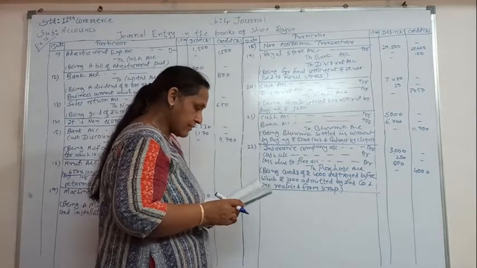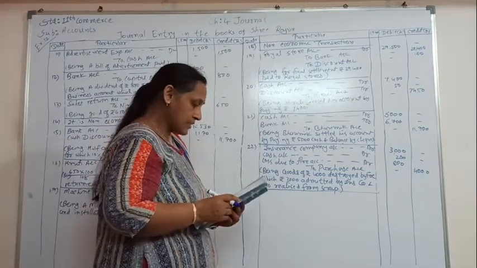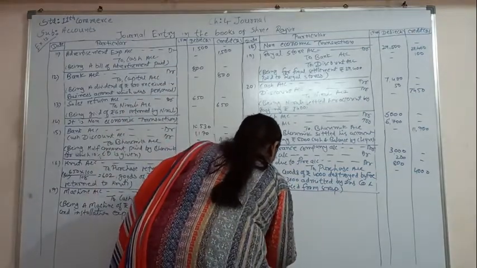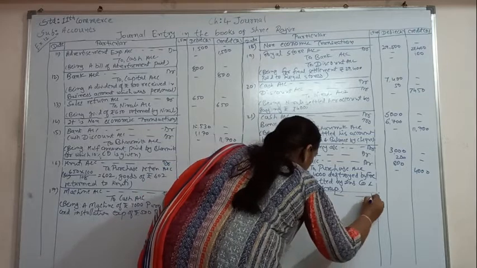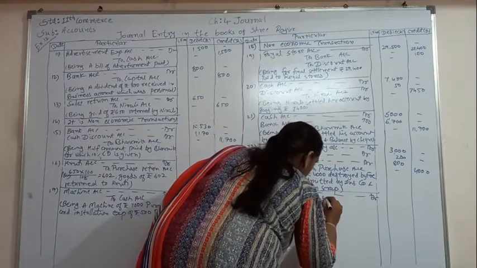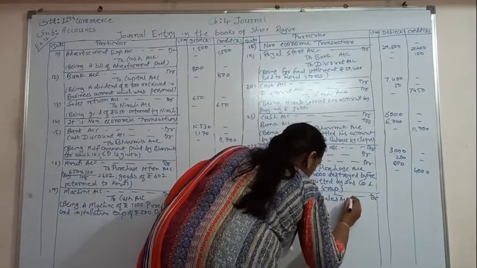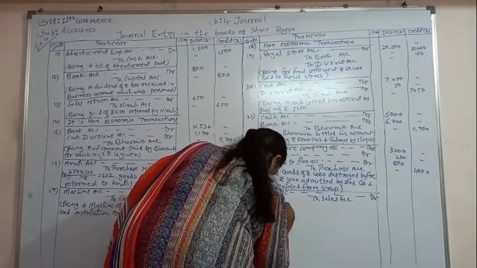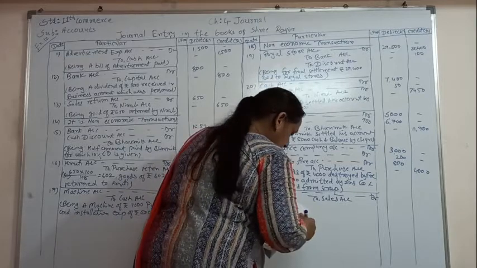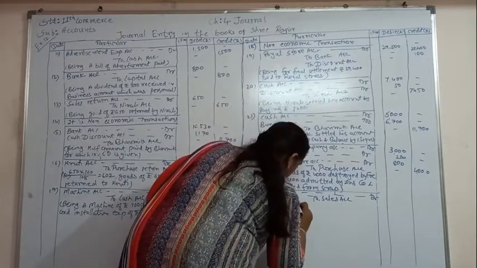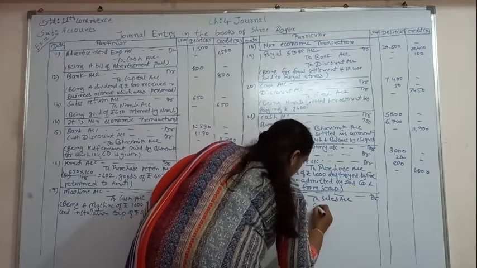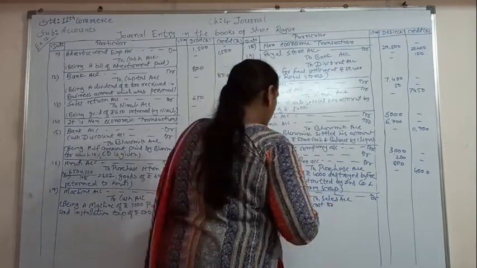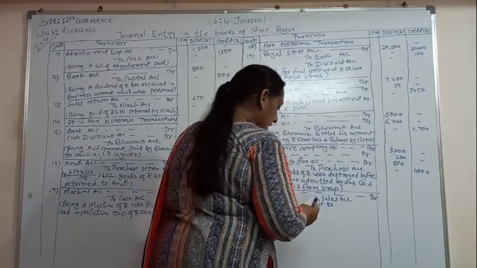So the journal entry will be cash account debit to sales account. Here we can count that 100 rupees is the selling price, so the cost price is rupees 80.